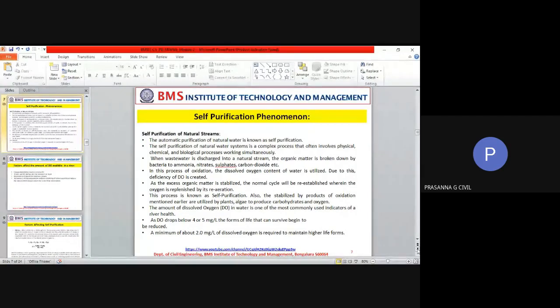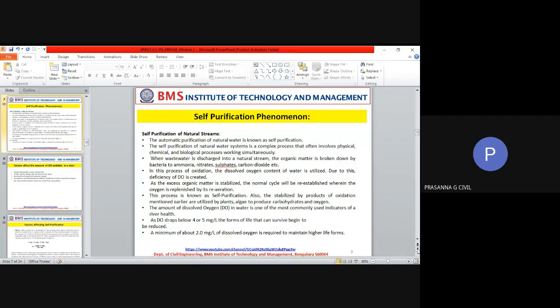And water quality standards will be based upon how the natural cycle in the stream takes into action and gets itself purified. There are three actions that commonly happen: physical, chemical, and biological processes that happen naturally in nature.